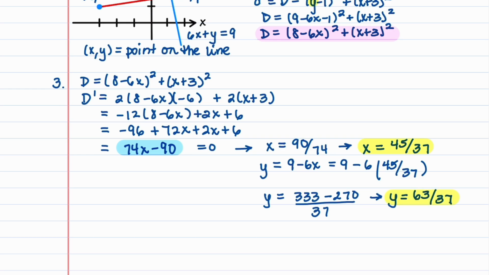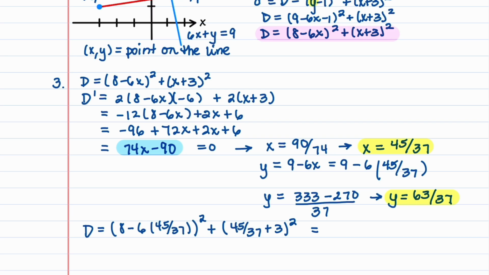Now what we need to do is find our minimum distance. So let's first find capital D. Capital D is 8 minus 6 times our x, which was 45 over 37, and that gets squared, plus x, which is 45 divided by 37, plus 3 quantity squared.